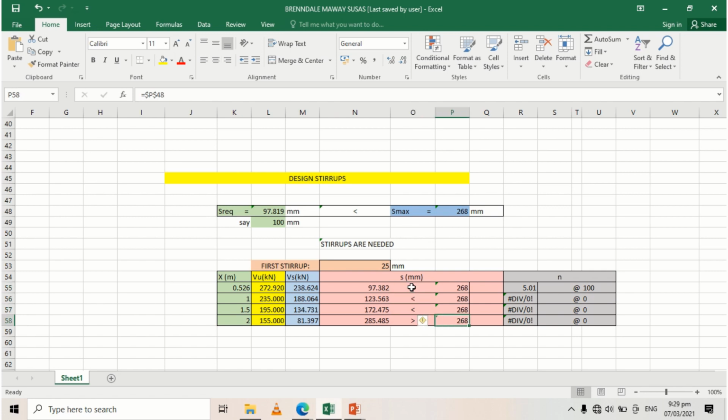So, dito stop dito sa last part. So, 97, say 100. Ito, 123, say 150 natin yan. 172, say 200 natin. Then, ito, greater than naman ito. So, ito na yung ipapalo natin yung S-max, 268. So, say 250 lang.